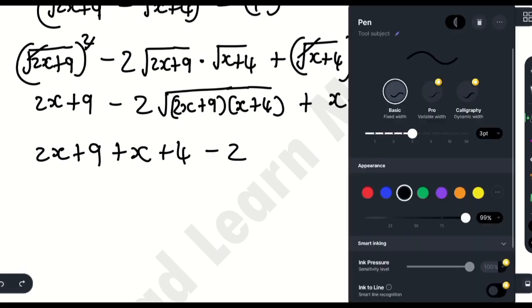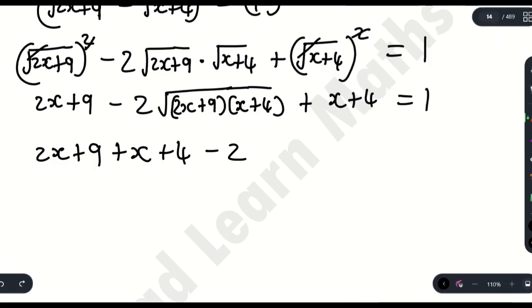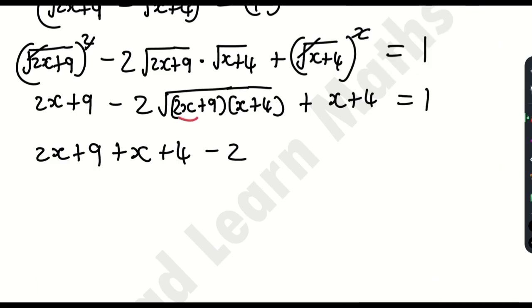Let's expand what we have in the bracket. The way to do this is to expand. You do 2x times x. That will be what? We still have our square root, don't forget. I'll just put it in the bracket. 2x times x is 2x squared. 2x times 4 is plus 8x. Okay, and then let's come to 9. 9 times x is plus 9x, and then 9 times 4 is what? Plus 36.